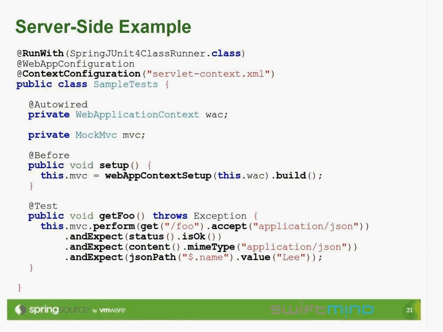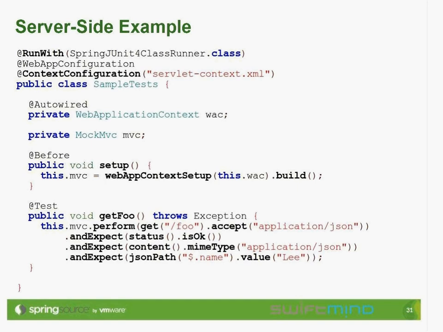So the example that you see here, we are loading our servlet-context.xml, which in this case presumably is on the class path, but it could be located on the file system next to web.xml and so on. And then we're injecting that with the @Autowired annotation, that whole Spring configuration, into the test fixture. And in the setup method, we're going to create an instance of a MockMvc class.